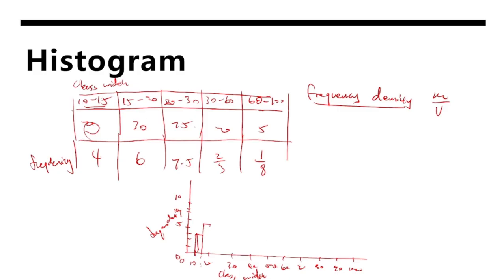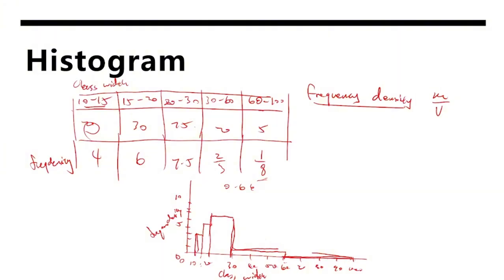It will be here like this. Now 20 to 30, we'll have 7.5, around here. And we have 30 to 60 with around 0.66, so it's around here, like this. And even more, we have 1 over 8 and a class width of 60 to 100, so it's a very small rectangle, a small layer like here.